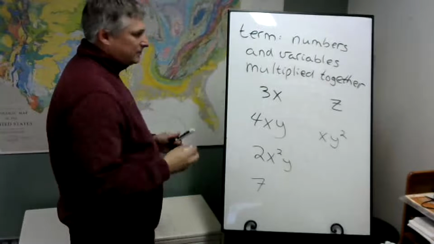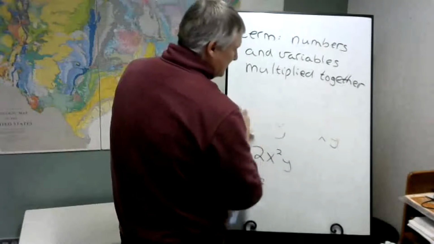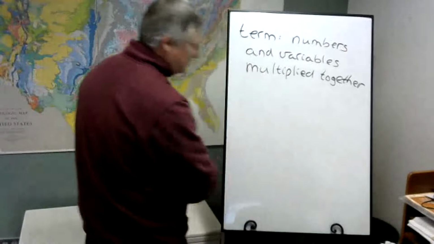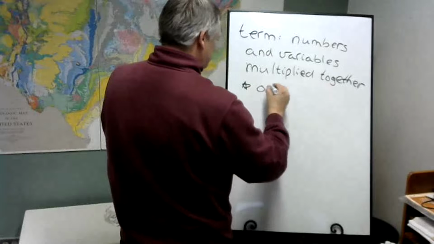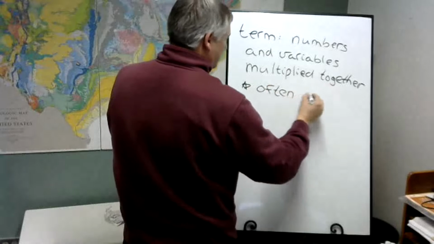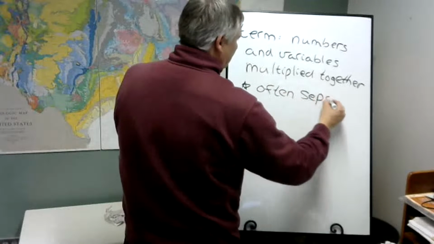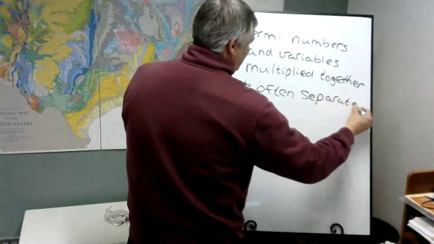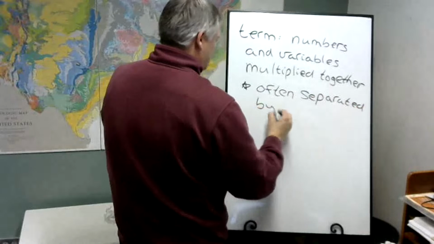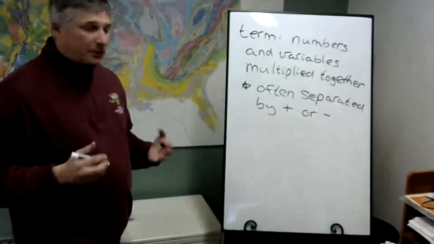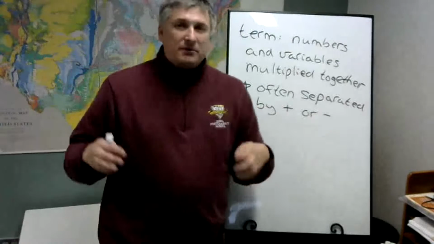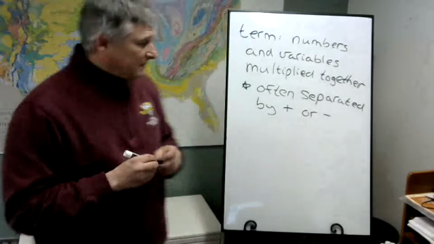And typically with terms, at least in this section, they're often separated by plus or minus. For our purposes, when we see plus or minus, they're going to be separating terms.